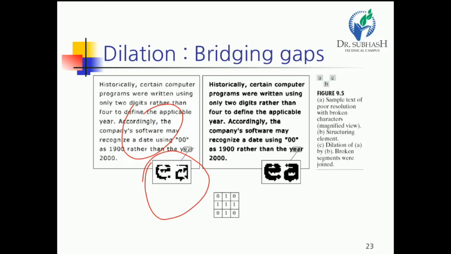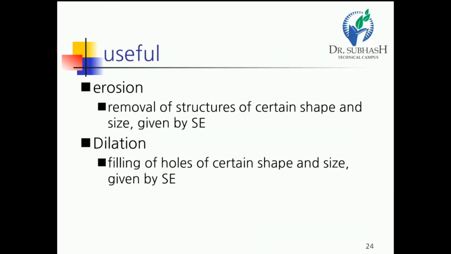Now this structuring element is given, and the dilation of A can be represented by this figure, with the broken segments joined. So this is the most useful: what erosion and dilation are.